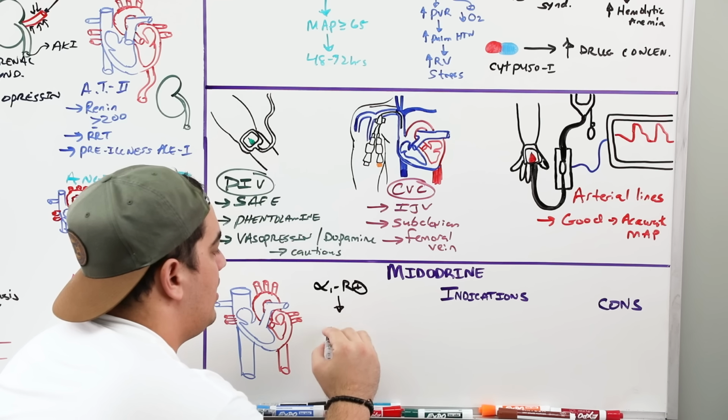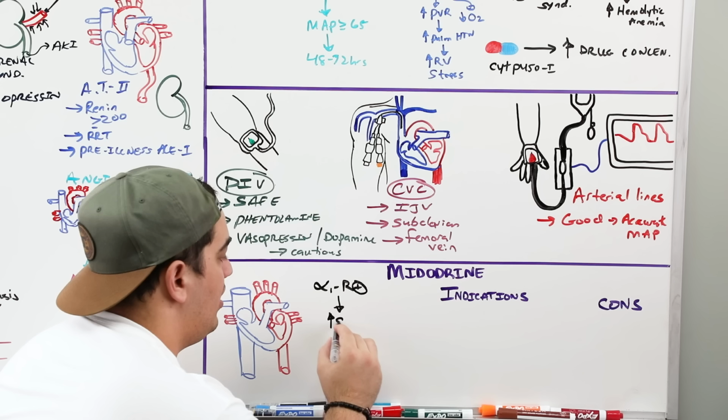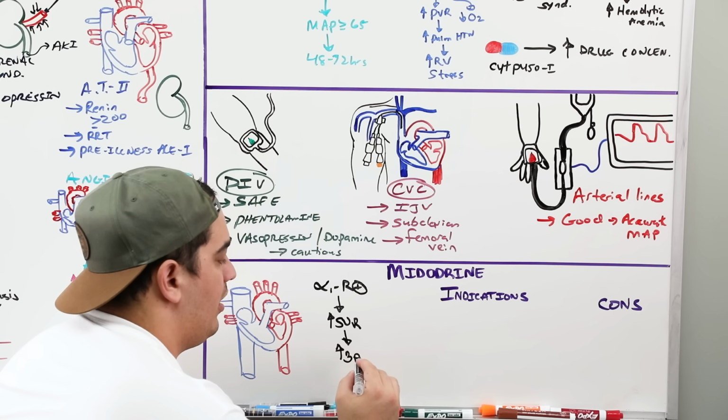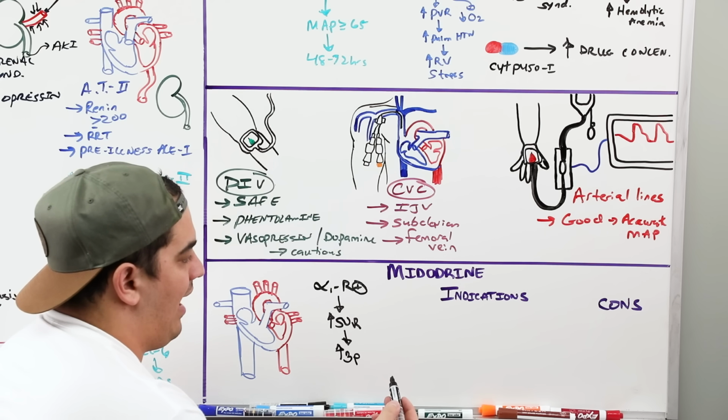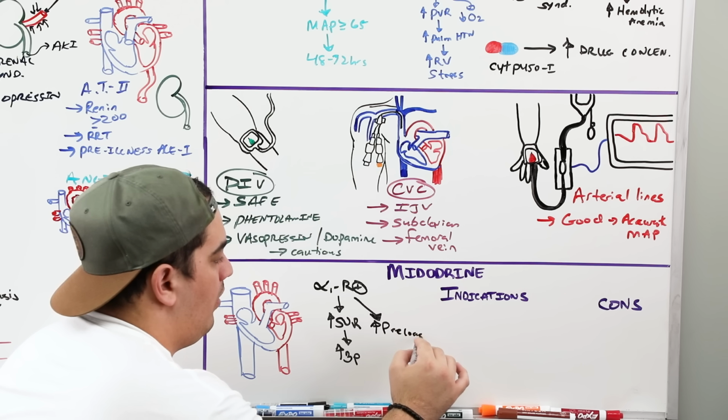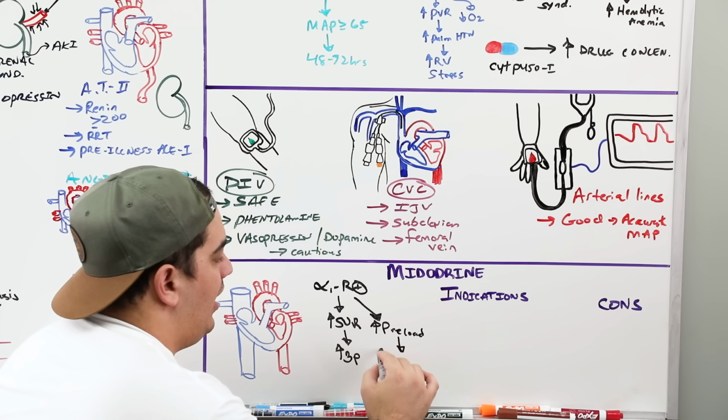So it's going to cause vasoconstriction, increasing your systemic vascular resistance, increasing your blood pressure, and potentially increasing afterload. But it's also going to do this on your venules, so you're also going to get an increase in preload, an increase in stroke volume, and potentially an increase in cardiac output.